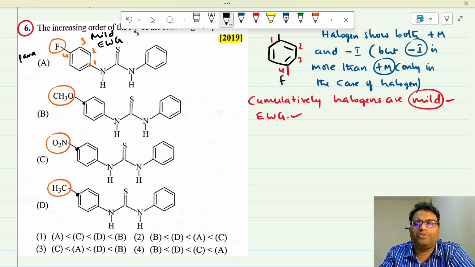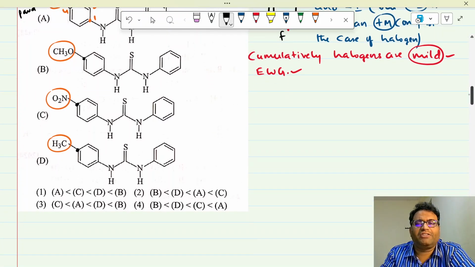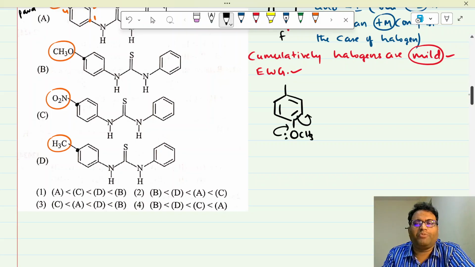Here at the para position we have OCH3. Now what does it do? It pushes the electron density through the pi bond. That means it shows what effect? Plus M. Plus M means a strong electron donating group.